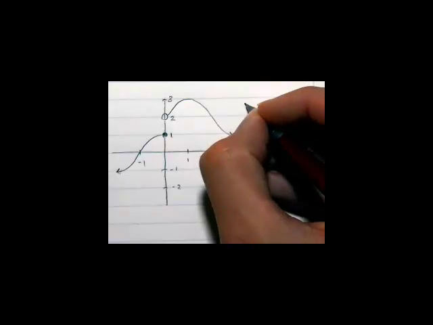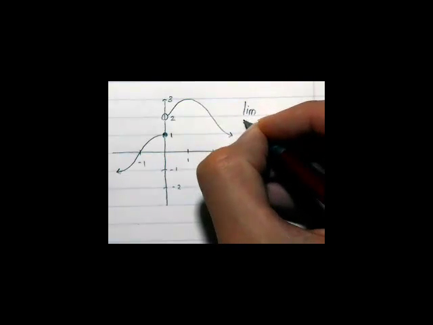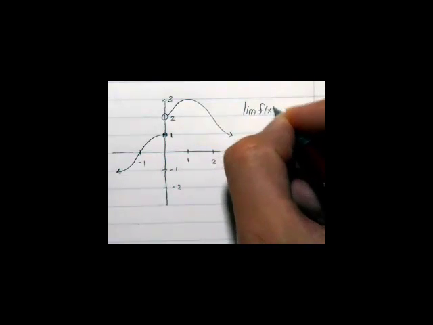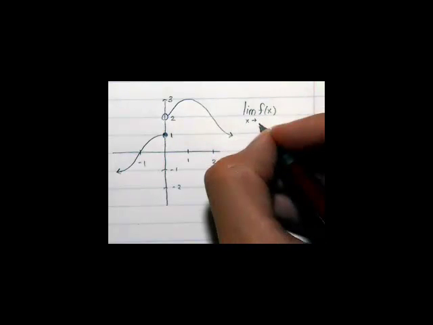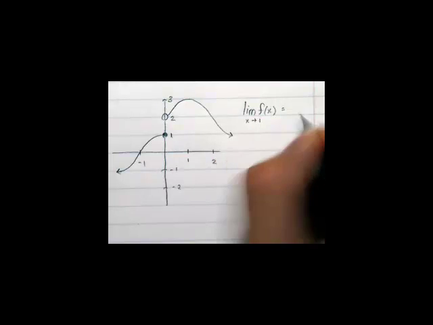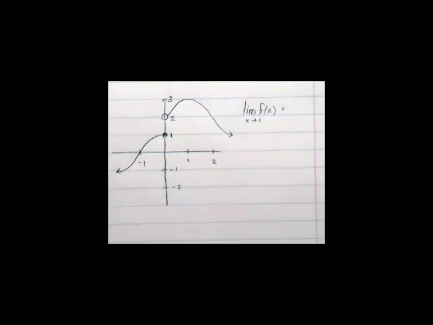So what is the limit of f of x as x approaches 1? So as x gets closer and closer to 1, what does the value of y get closer and closer to? 0?